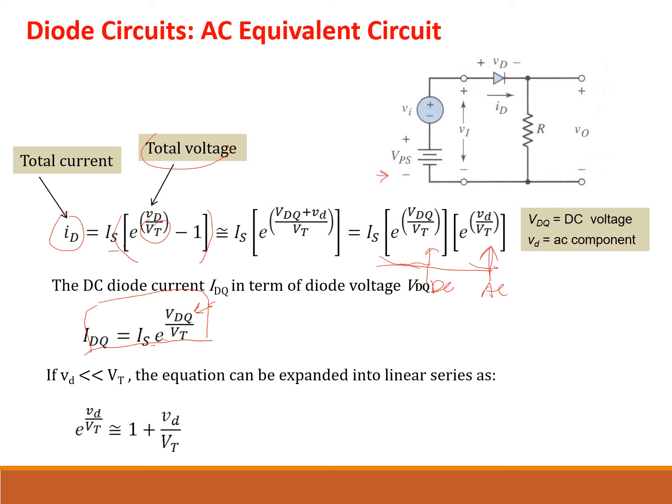If the VD value is very much less than the thermal voltage, the equation of this AC component can be expanded into a linear series as 1 plus VD over VT.